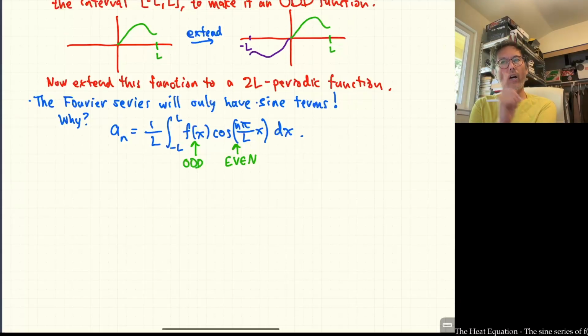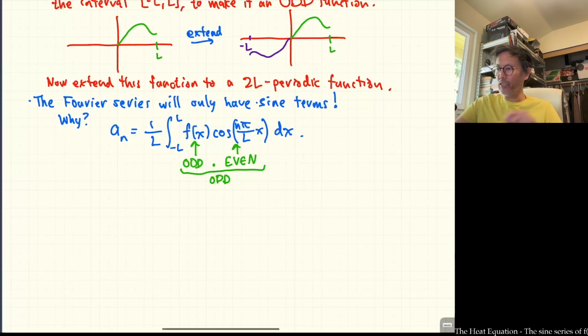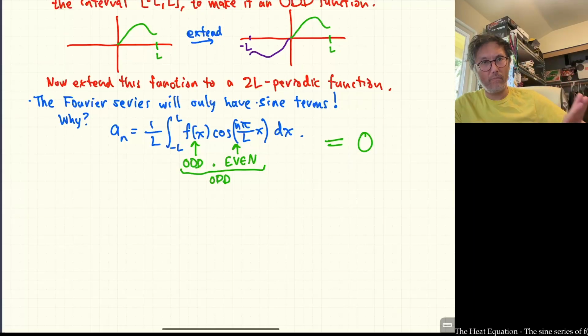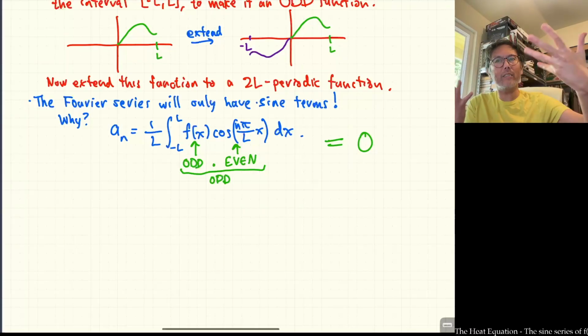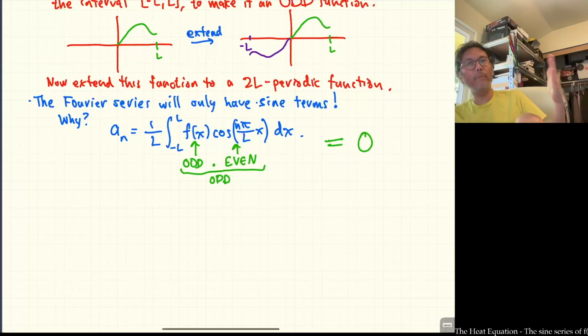The product of an odd times an even is odd. And when you integrate an odd function over a symmetric interval, you get 0. Therefore, this is equal to 0 for all n. Okay? So all the coefficients a sub n are going to be 0 by the standard formulas for Fourier series. And the only possible things that we're going to have are sine terms, the b sub n's. Right? Those might be non-zero.